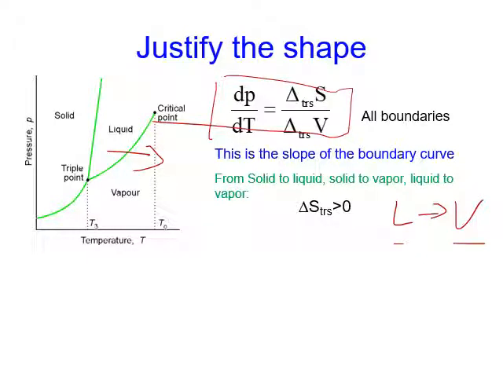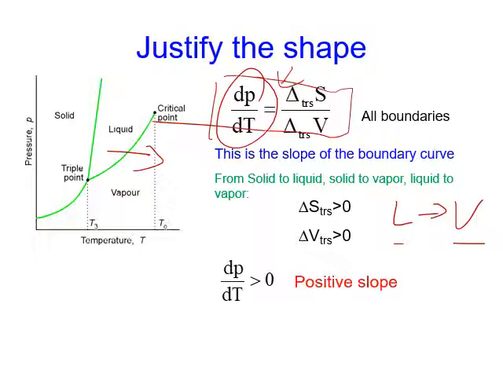From liquid to vapor, the volume expands, and therefore delta V is also positive. According to the Clapeyron equation, the slope dP/dT, which is delta S over delta V, is positive. So the vapor pressure increases with temperature.